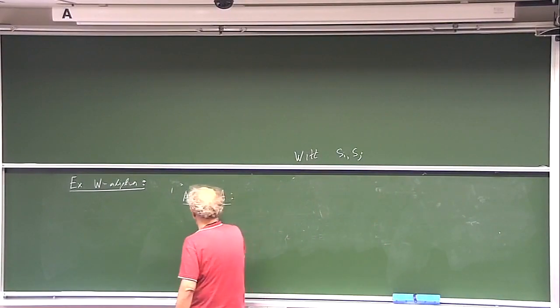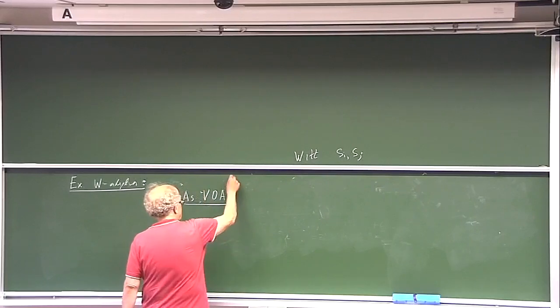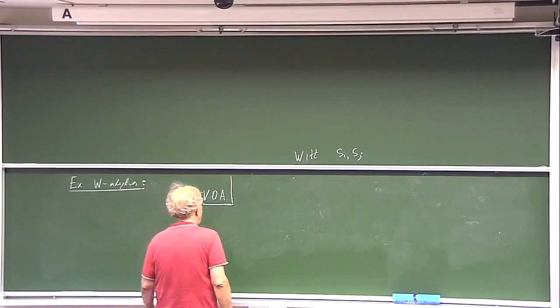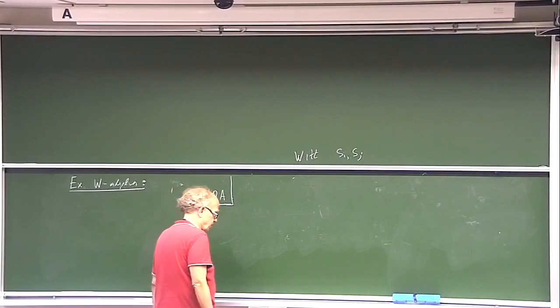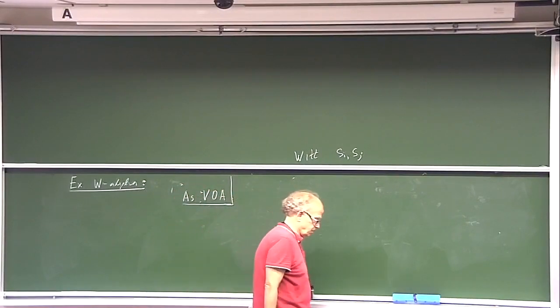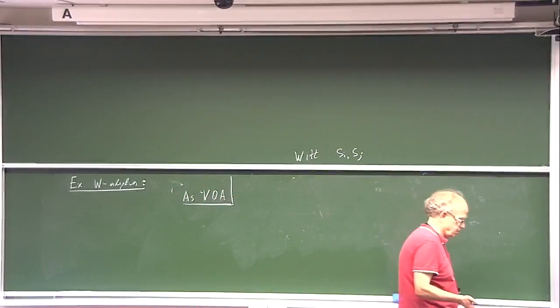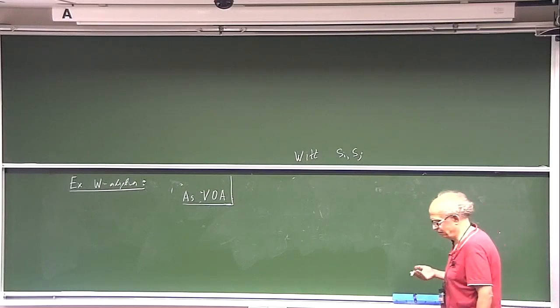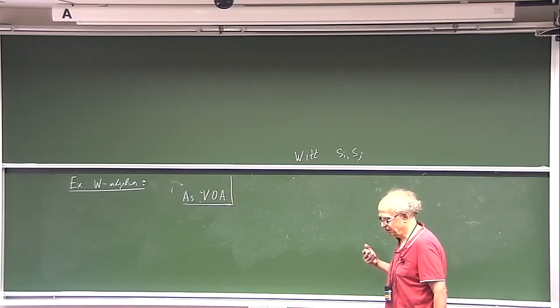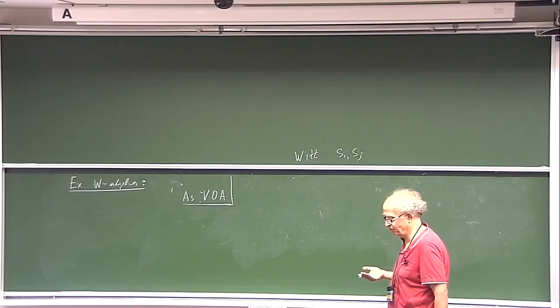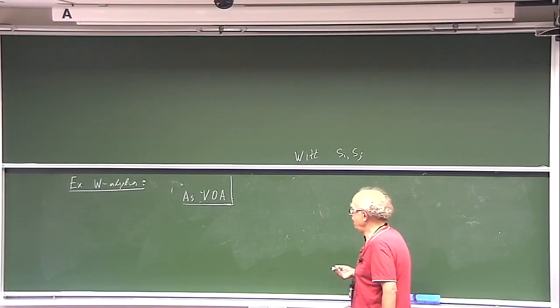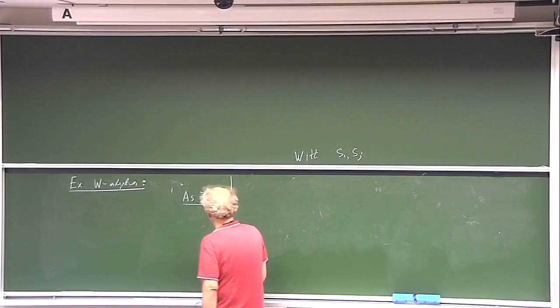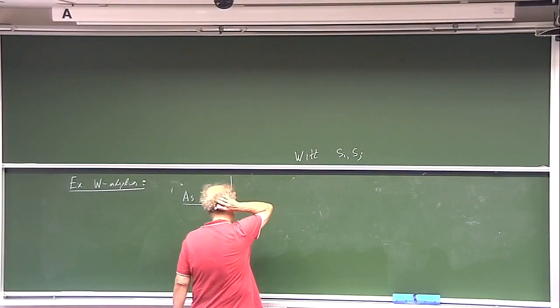The idea of what I'm talking about is the following: one way to construct a vertex operator algebra is to build it from simpler or more handleable vertex operator algebras.